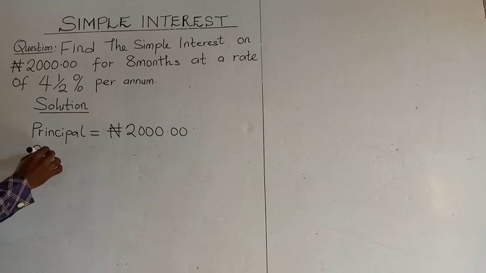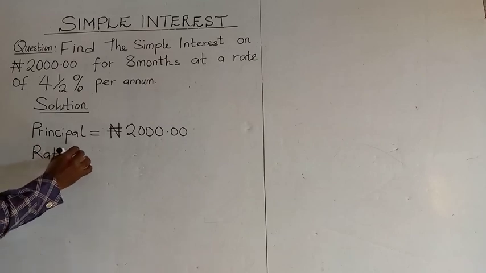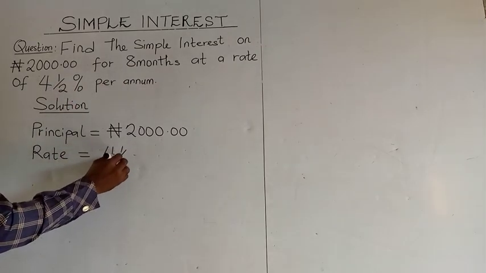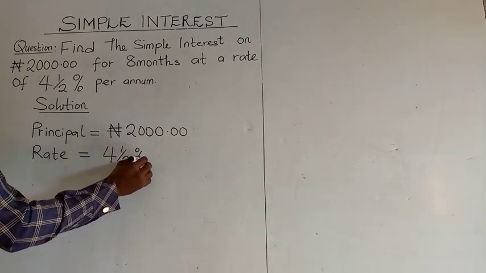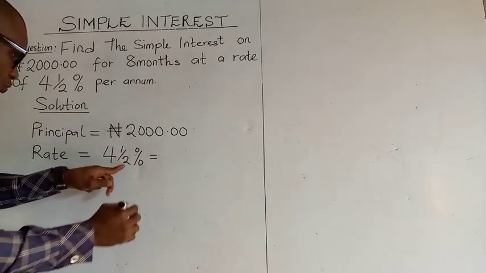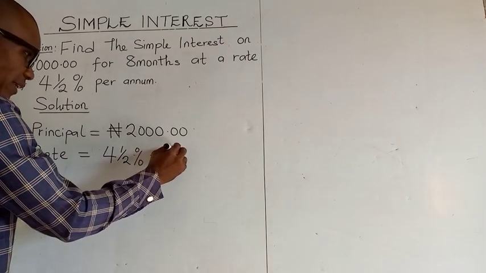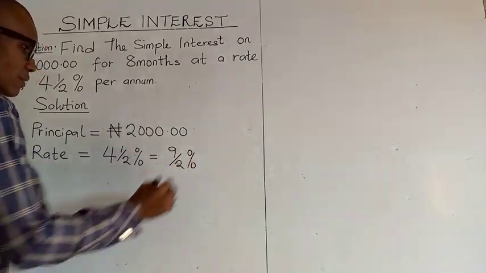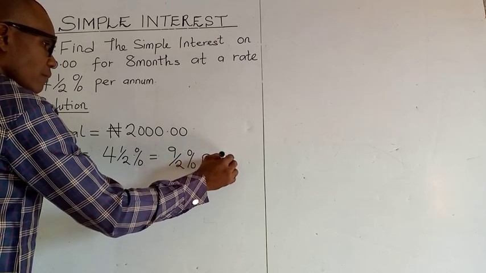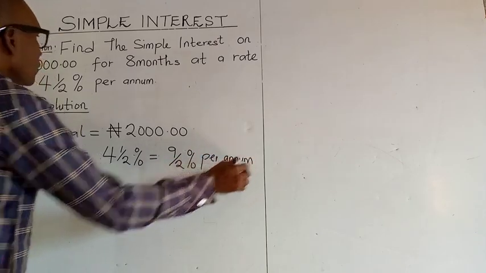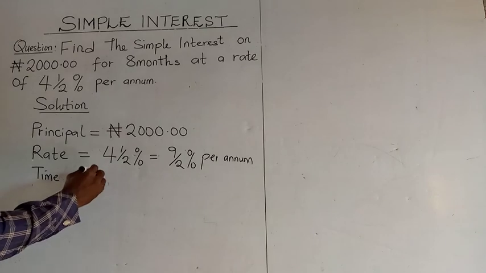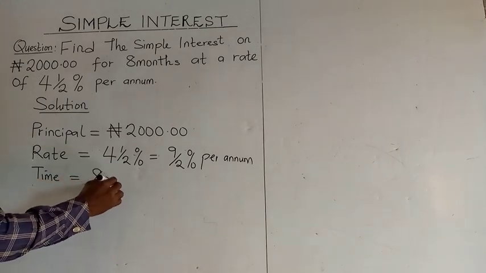The rate is 4 whole number 1/2%, which is 2 multiplied by 4 is 8 plus 1, 9/2% per annum, while the time in this case is equal to 8 months.